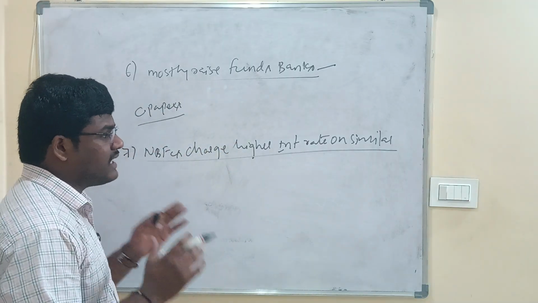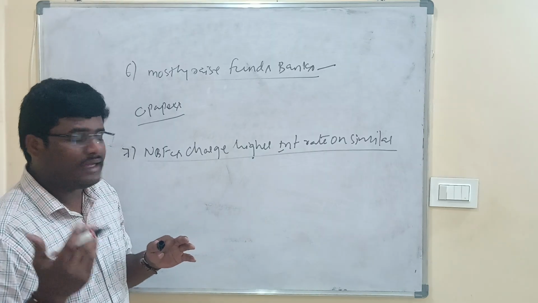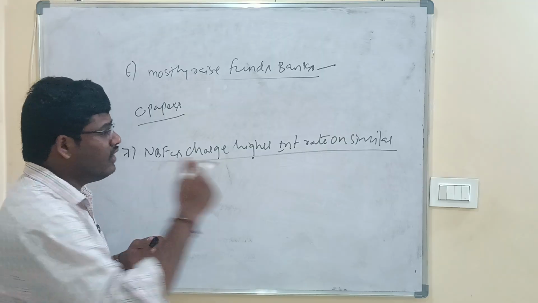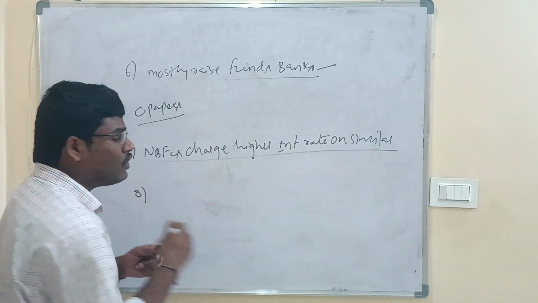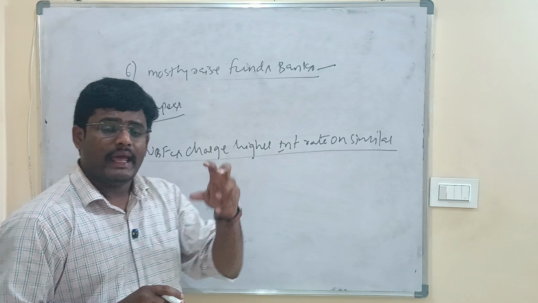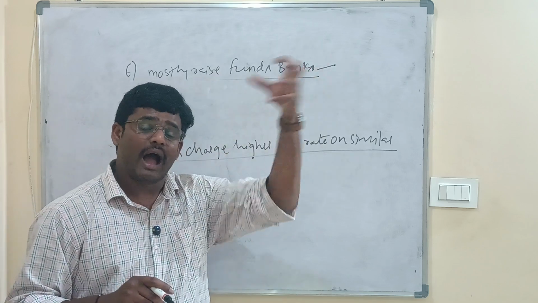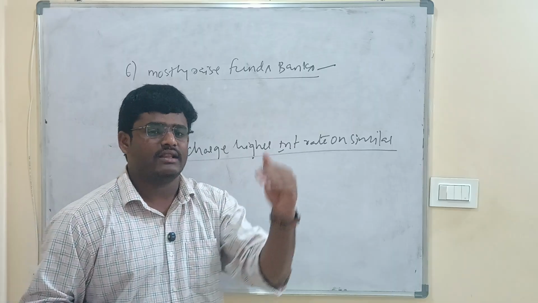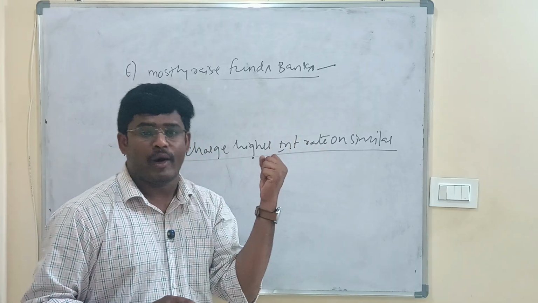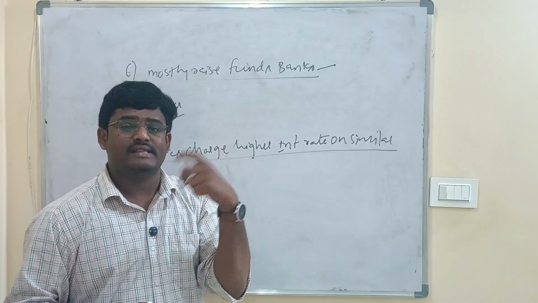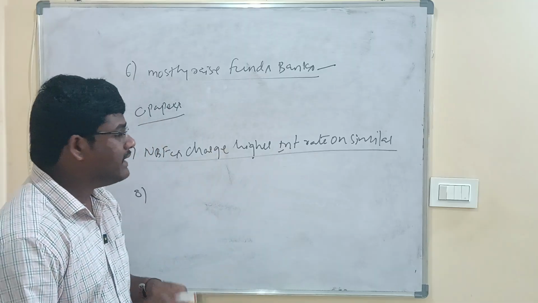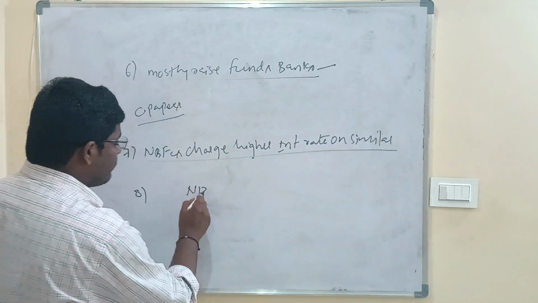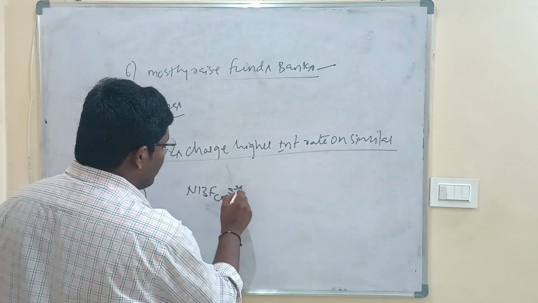Now, if NBFCs are charging a higher interest rate compared to banks, they should end up with fewer borrowers. But if we look at the number of borrowers, NBFCs have a higher number of borrowers compared to banks. The loan amount is in fact lower, but the number of borrowers is more. Why do NBFCs have more borrowers despite charging higher interest rates? It means NBFCs still compete with banks.